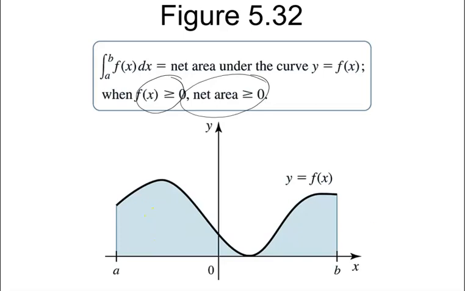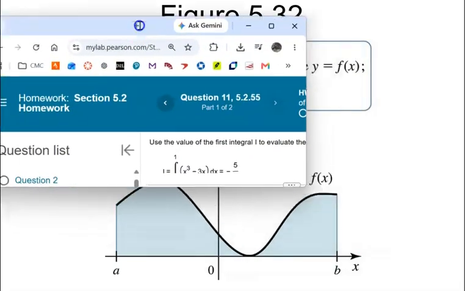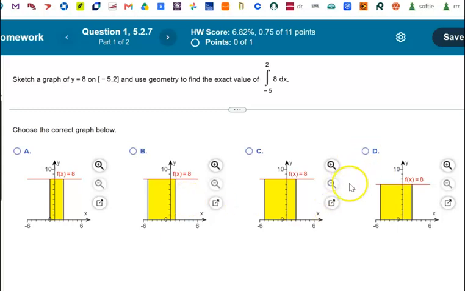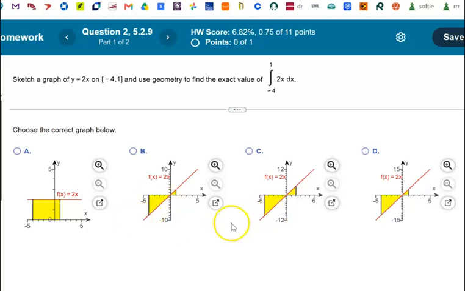Okay, so when you do your homework, let me bring your homework in real quick. Let's see, I think we can handle all of these now. So this is using geometry, that's just a rectangle. If you know your formula for the area of a triangle, you should be able to get this. This has to do with that net area.